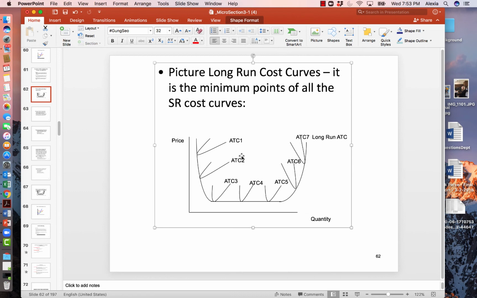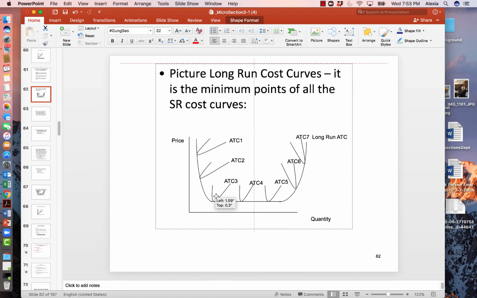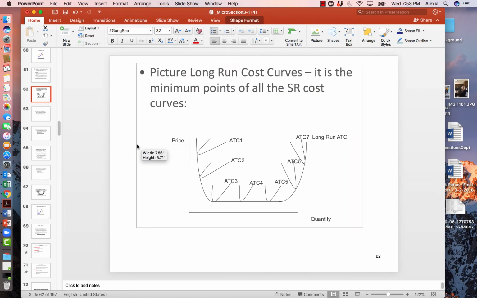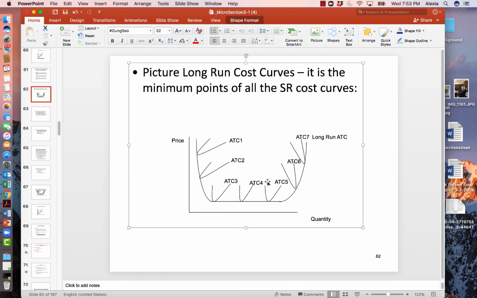And what we're doing here might seem a little weird at first, but this line around these different cost curves is the long run cost curve. So let me just continue on. Like if we open and we have 3 stores, we have a new set of cost curves. If we had 4 stores, a new set of cost curves.